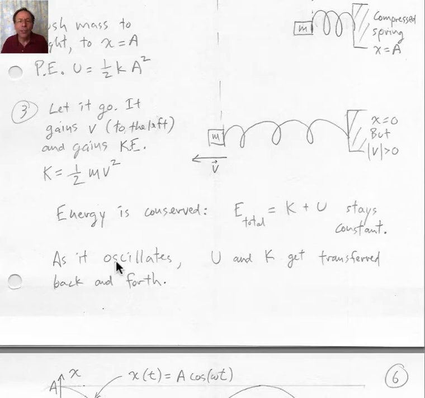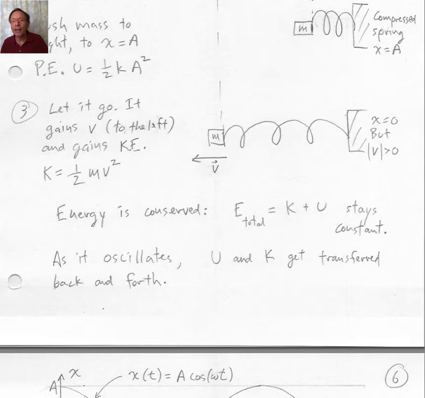And as the mass bounces back and forth, the total energy stays the same, but the kinetic energy goes up and down, and the potential energy goes up and down as well.